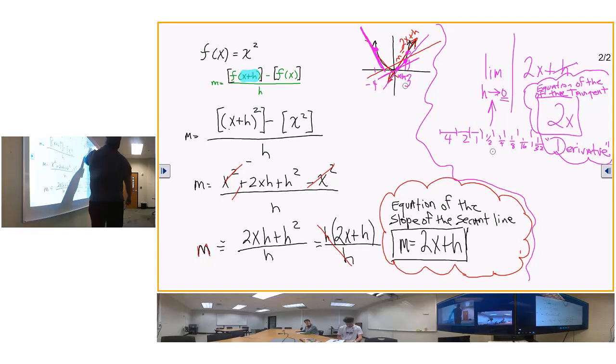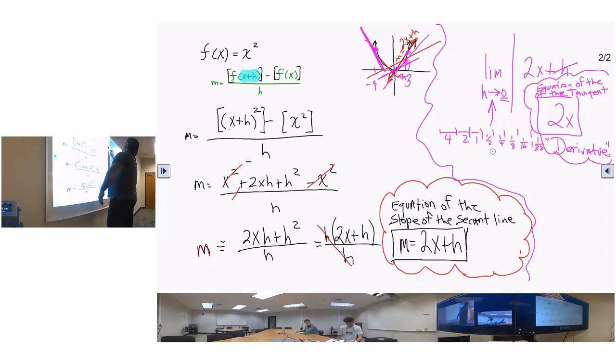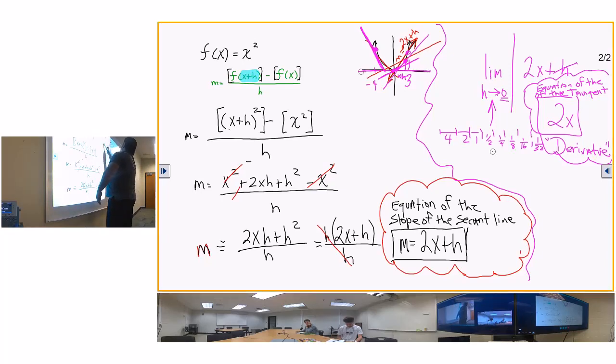What's the slope of that line? 6. Let's plug in the slope at the vertex. What's that? 0. So what do you plug in? 0. So what's the slope at the vertex of any curve? 0. Okay, you see where this is heading?